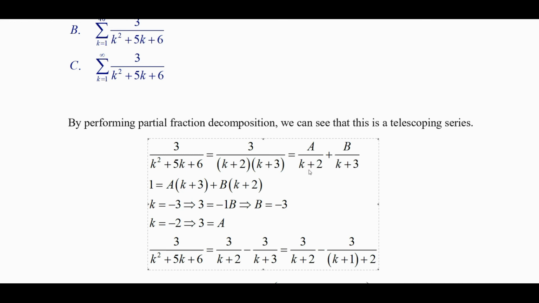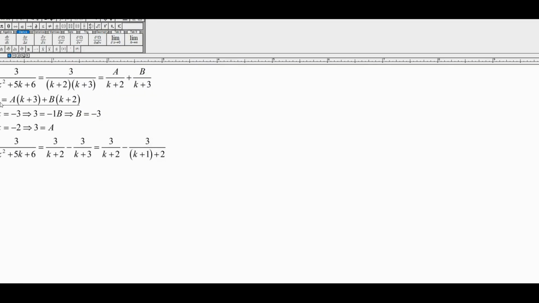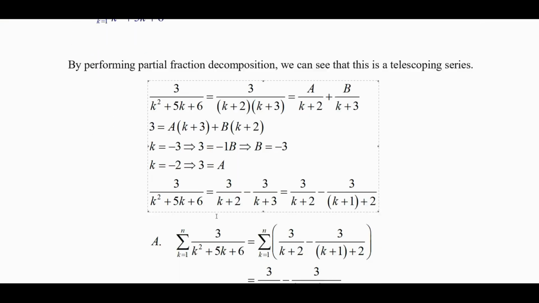Then we have a over k plus 2 plus b over k plus 3 equals that. We're looking for a and b. Multiply both sides by k plus 2 and k plus 3. That cancels out everything on the left, leaving only 3. Not 1, but 3 in the numerator. The rest of it's okay.